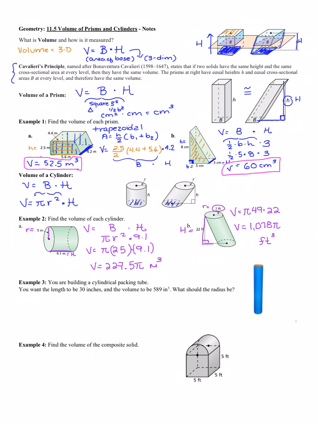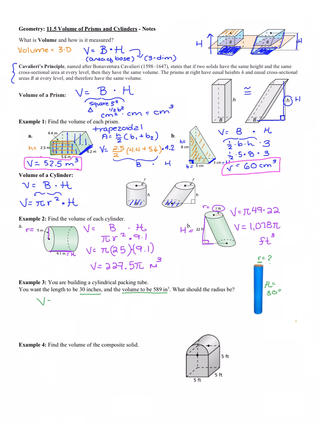So now we have, you are building a cylindrical packing tube. You want the length to be 30 inches, so that would be like our overall height, 30 inches. And you want the volume to be 589 inches cubed. So we want to figure out what would be the radius of this.